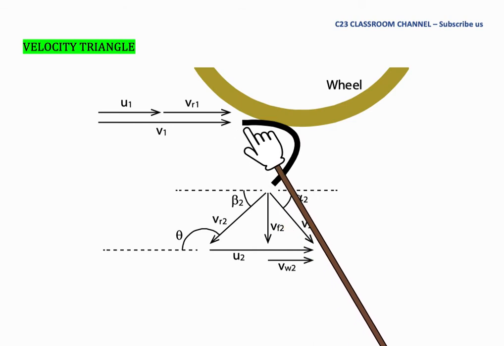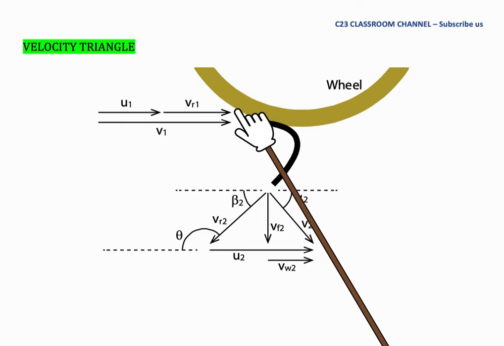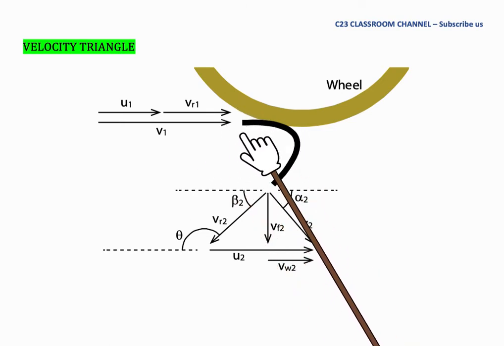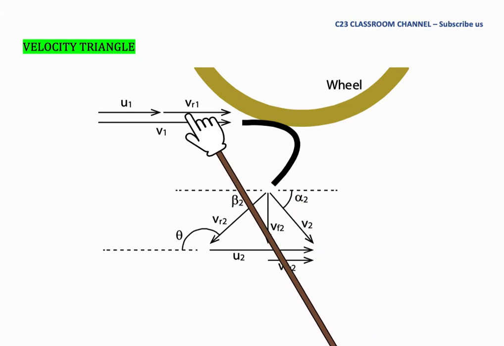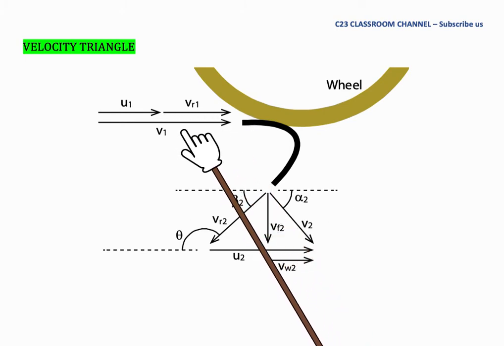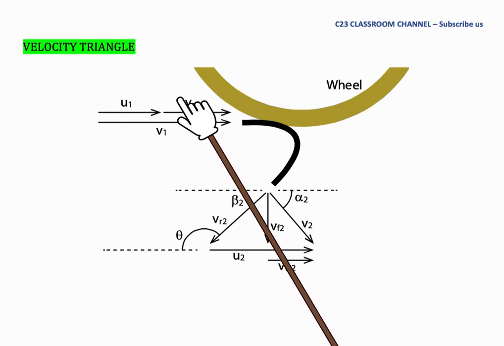Then at the inlet, the bucket is almost parallel with the water jet to make sure that no losses occur. So we assume that the component of relative velocity can be drawn parallel to the direction of the water jet.